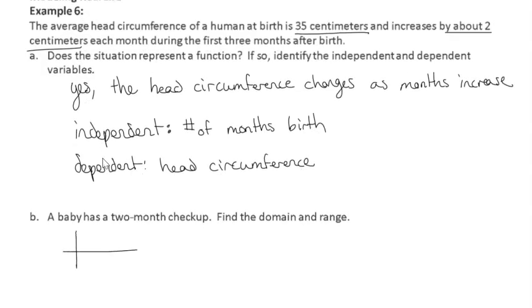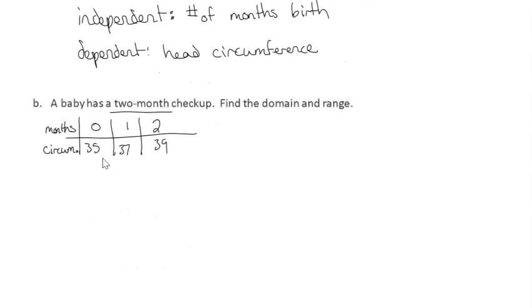All right, so at 0 months, remember the baby at birth starts at 35 centimeters circumference. At 1 month, remember it increases 2 centimeters, so now it's at 37. At 2 months, it's at 39. And I quit there because it said it has a 2-month checkup. Now, keep in mind that this is not really a scatter plot, because picture the baby's head growing, okay?